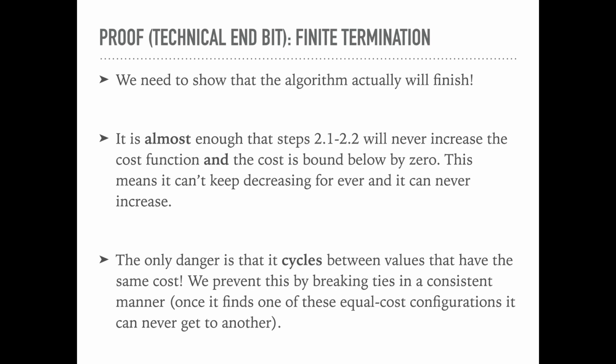is that there are multiple configurations, multiple choices that you can make of the labeling step 2.1 that have the same cost. So what would basically happen is, let's say point 1 is equally spaced between cluster 1 and cluster 2.